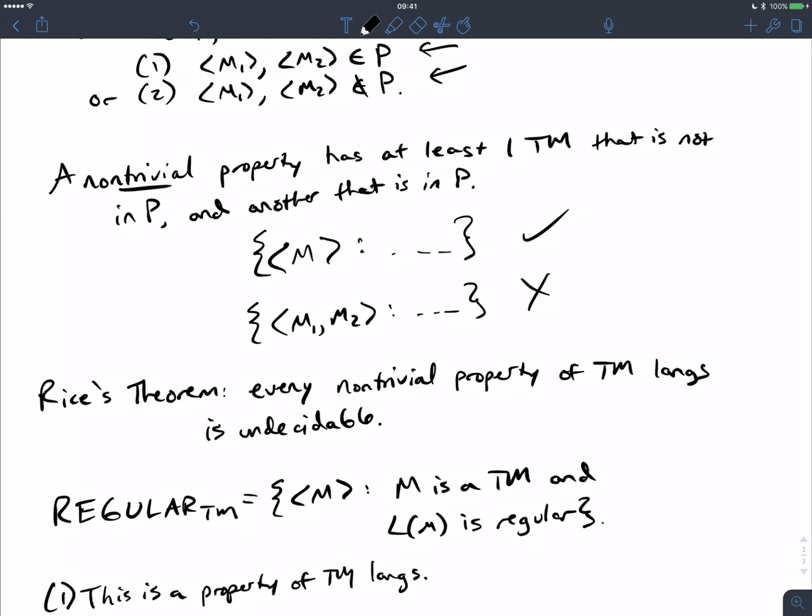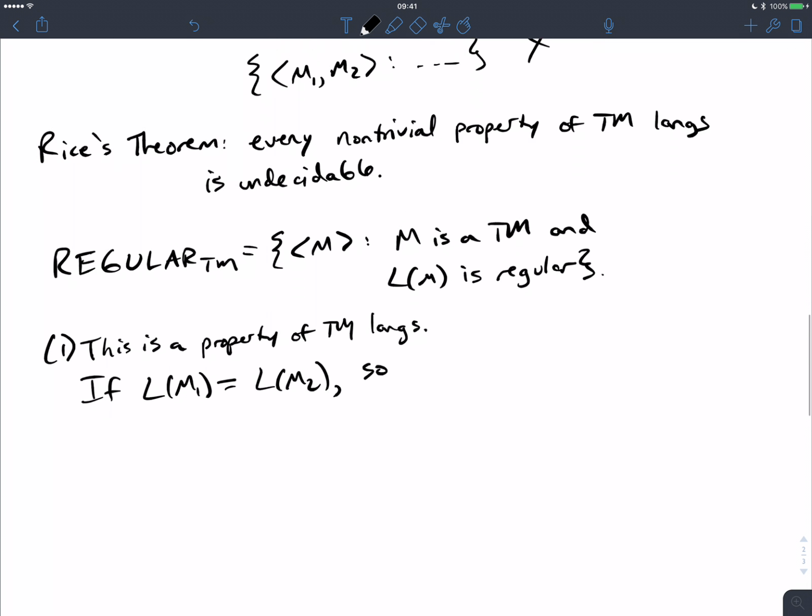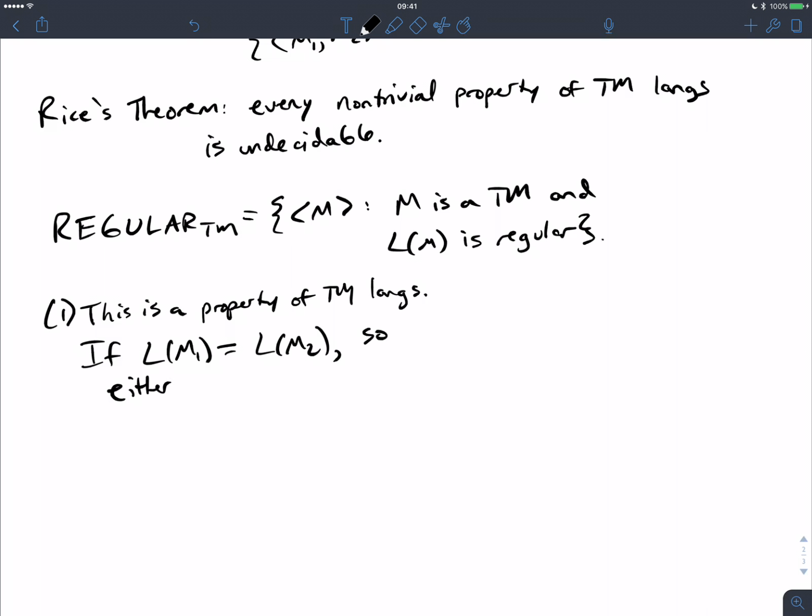So if L of M1 equals L of M2 for arbitrary two Turing machines, could it be the case that M1's language is regular and M2's language is not regular? No, because they're the same language. So either both are regular or neither are.